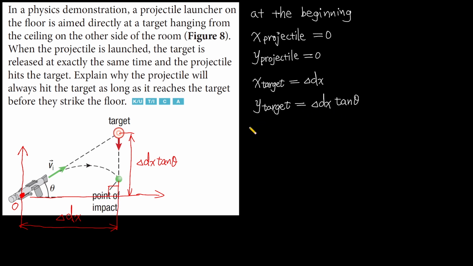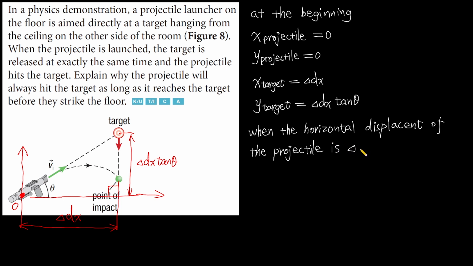That's at the beginning. Then, when the horizontal displacement of the projectile is delta dx, the x-coordinate of the projectile is its coordinate at the beginning, 0, plus its horizontal displacement delta dx, and this equals delta dx.